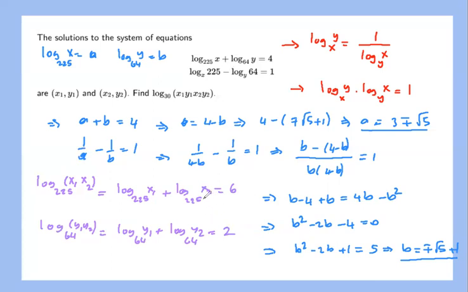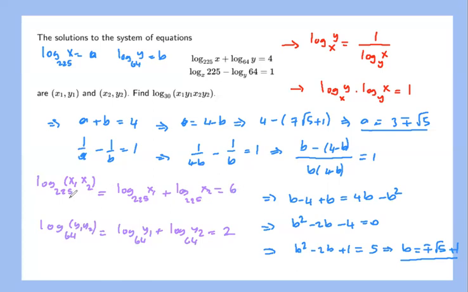Okay, so we do have those, but what does this look like? This is equal to what? This is equal to this guy, right? So if you just rewrite this in exponential form, the log with base 225 of the product is equal to 6, right?